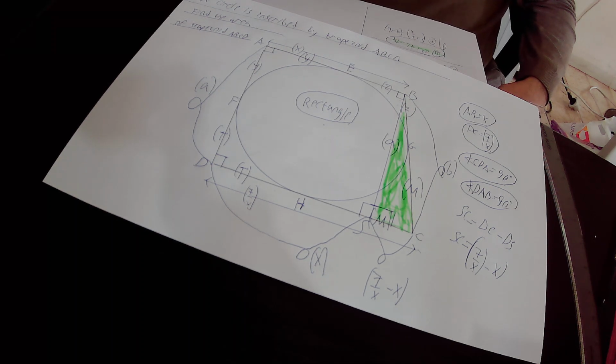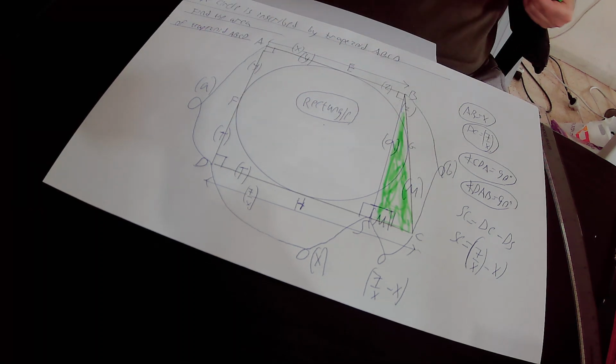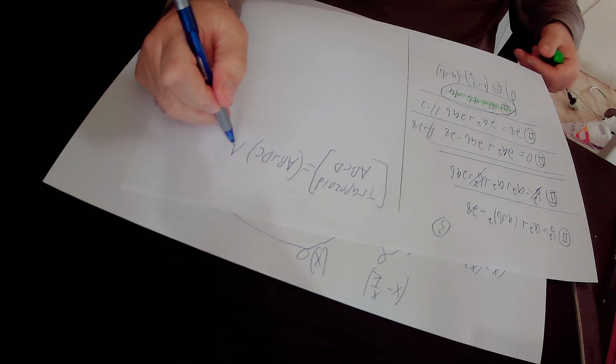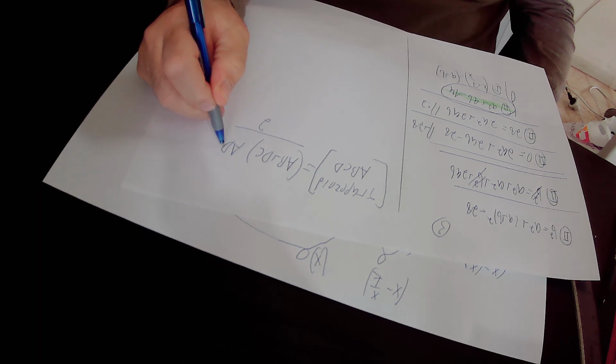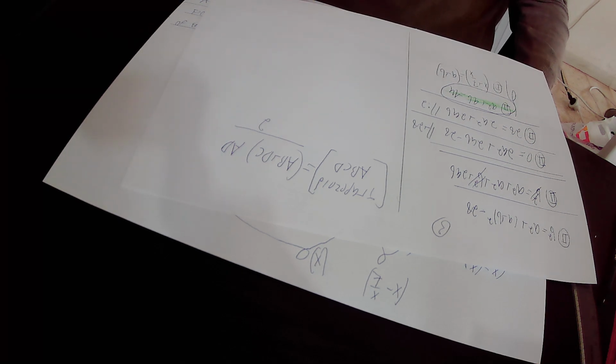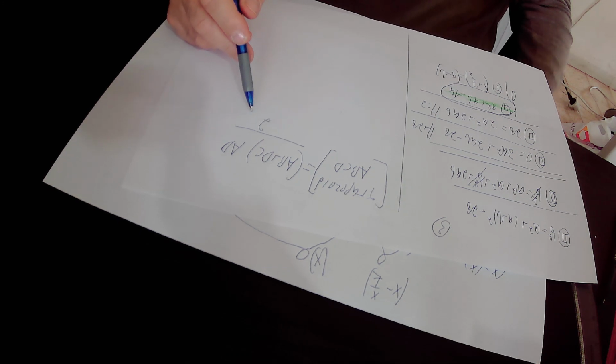And here you can see that AD creates 90 degrees with the base AB, and AD also creates 90 degrees with the base DC, and therefore AD is the height. So in conclusion, the area of trapezoid ABCD equals the sum of its two bases, that is AB plus DC, times the height, that is AD, over 2.